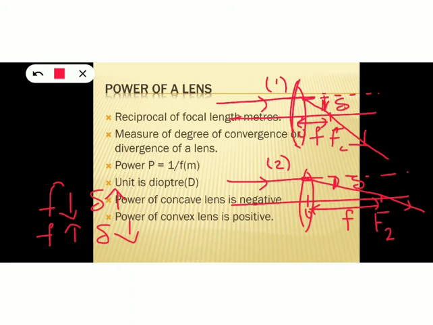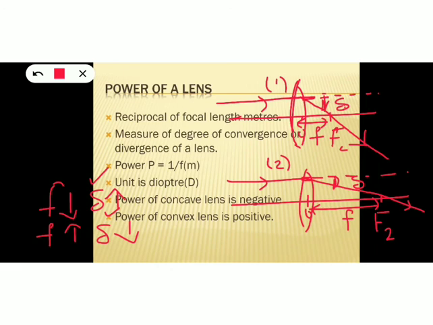Okay, so the power of a lens is the ability of a lens to converge or diverge a given light ray. It is the measure of the degree of convergence or divergence of a lens. And it is very clear that the degree of convergence or divergence of a lens is inversely proportional to the focal length.